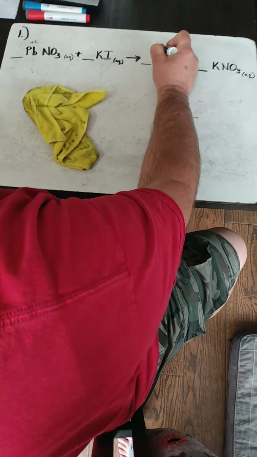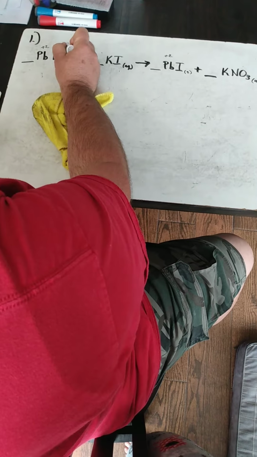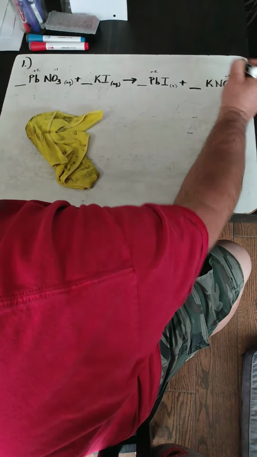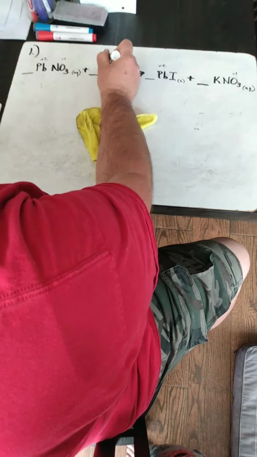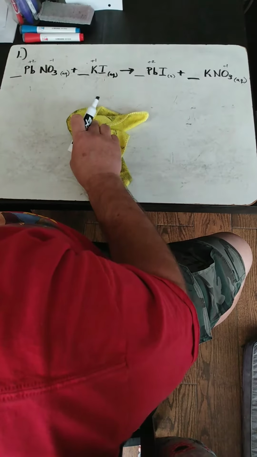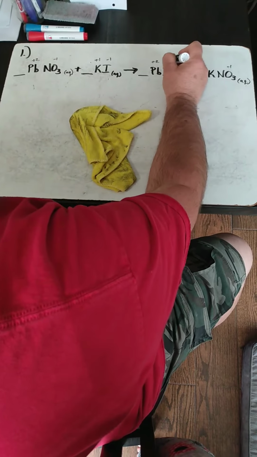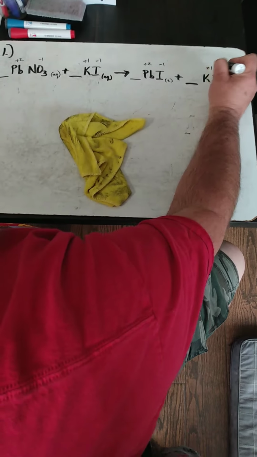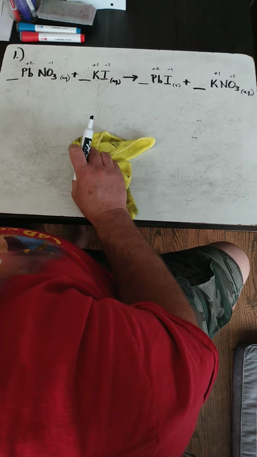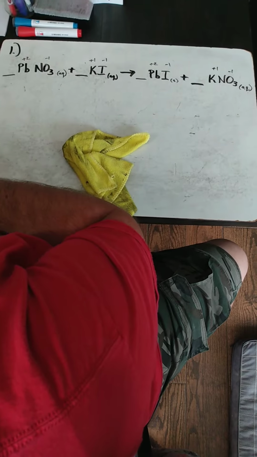Nitrate is a -1. Potassium is a +1, and iodine's a -1. I'm getting these ionic charges from the top of your periodic table where it says ionic charge, except for nitrate, because nitrate is a polyatomic ion.